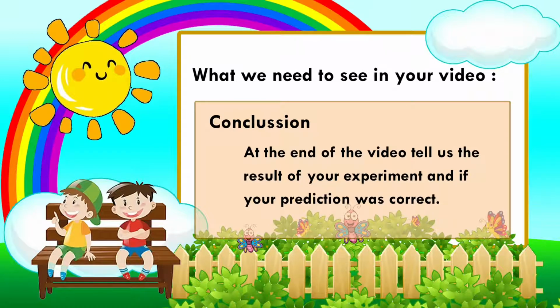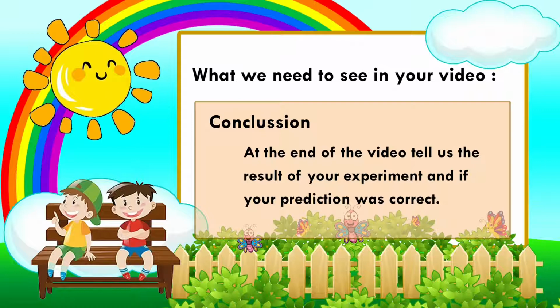At the end of the video, tell us the result of your experiment: what surface or texture has greater friction from the textures that you have used, and tell us if your prediction was correct or not. So that is the activity that we are going to do for today.